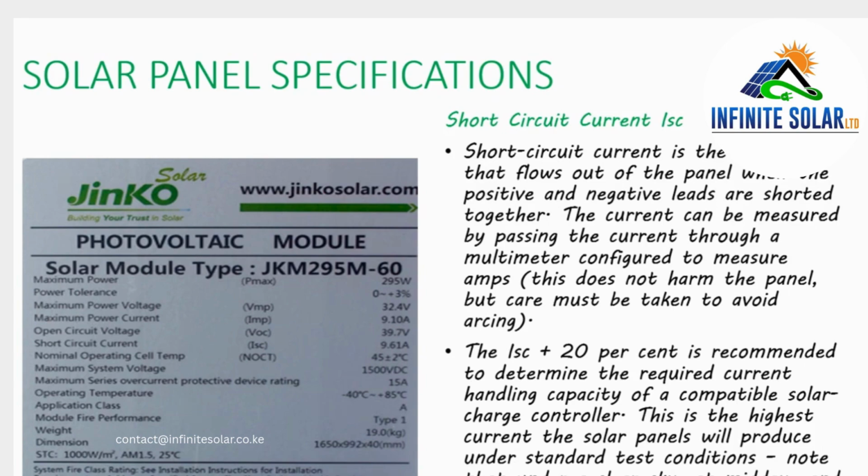The short circuit current plus 20% is what is recommended and required to determine the handling capacity of a charge controller. This is the highest current the panels will produce under standard conditions. Note that under a clear sky at midday and by tilting the solar panel towards the sun, you could get significantly more current.